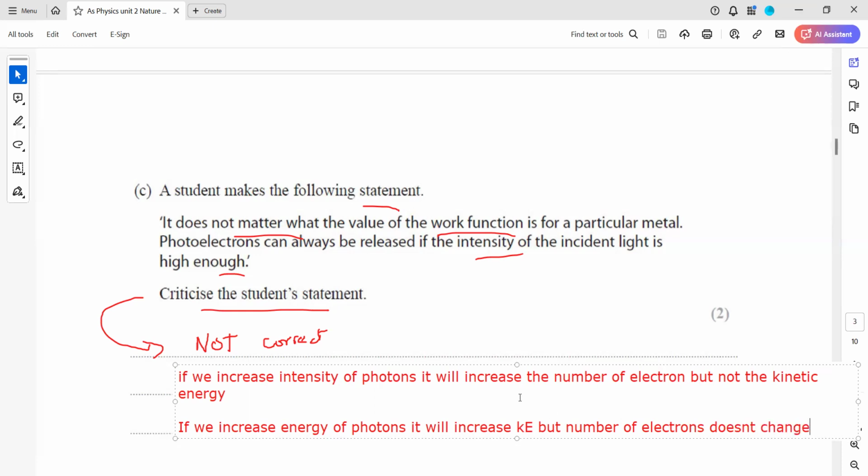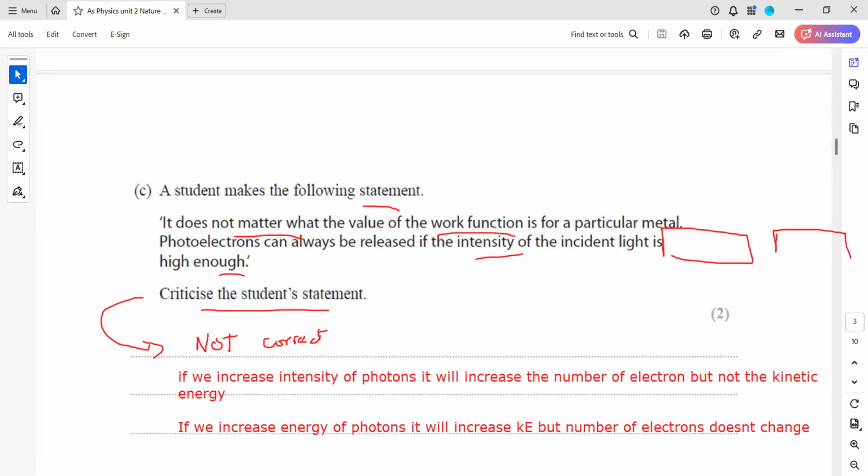If we have to criticize this statement, increasing the intensity means more photons will be there. If we take two identical metals and increase the intensity, it means more photons, so more electrons will be released.